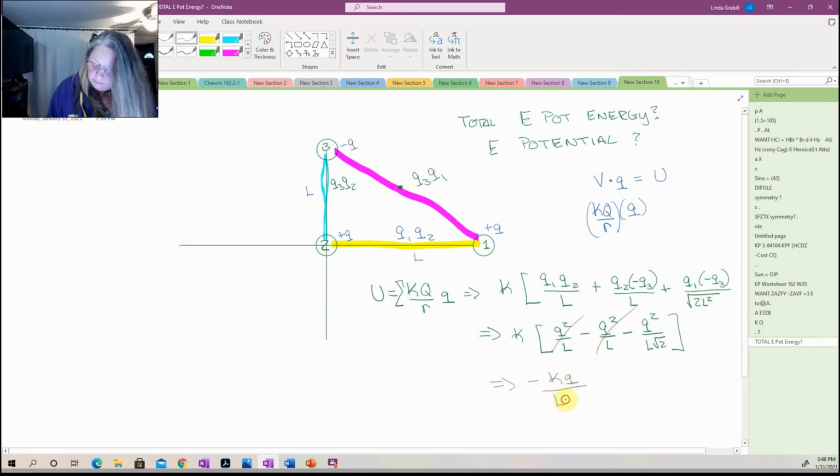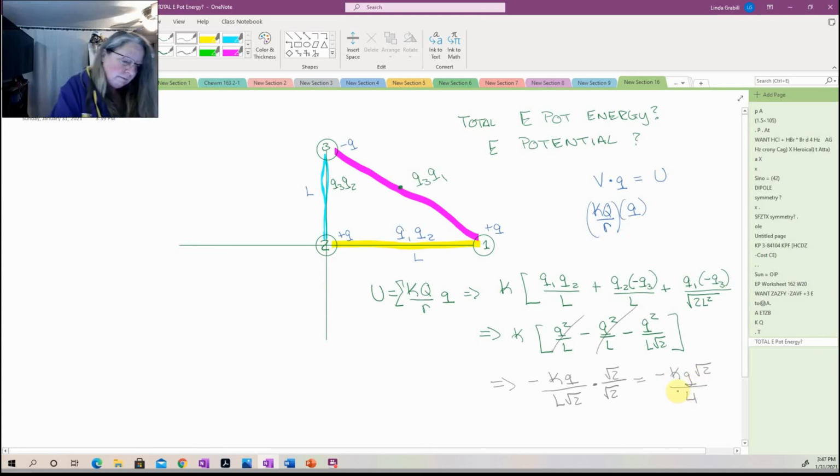over L root 2. One of the things I've been talking to everybody about is learning to simplify things as much as possible, and y'all are doing a fantastic job. But let's do that now. The way I do that is multiply the top and bottom by the square root of 2. I'm multiplying by 1, so I'm not changing the expression at all. So this simplifies even further to negative kq squared, root 2 over 4L.